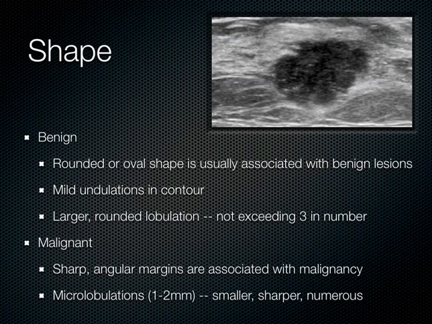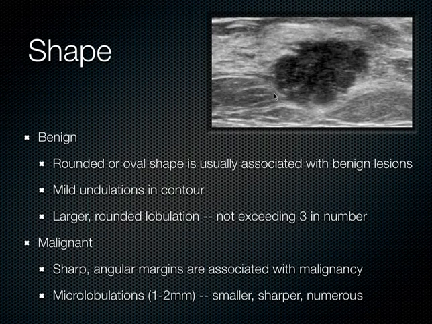The other thing about the mass is its shape. Now, a benign mass is very round or sometimes oval, and maybe you'll see some mild undulations in the contour of the mass, and the lobulations sometimes can be large, but usually you don't have more than 3 big lobulations.